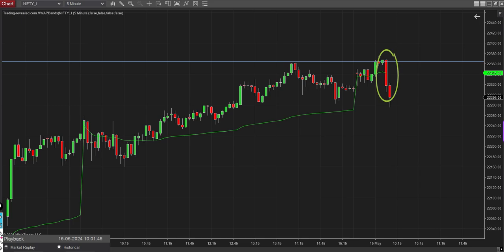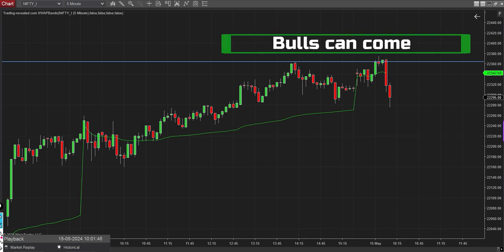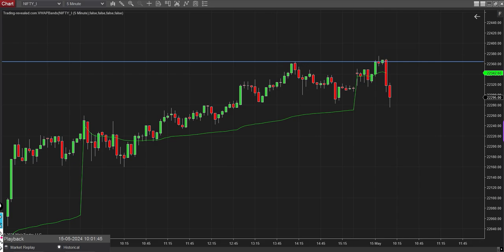Here two things are happening. Number one, bulls are struggling to cross and trade above VWAP, especially above previous day's high. Above previous day's high, generally bulls can easily dominate in pushing the price up.